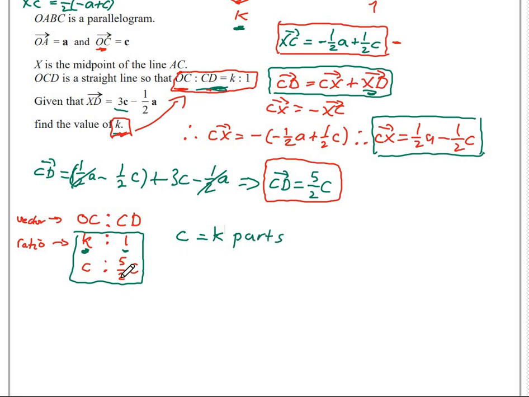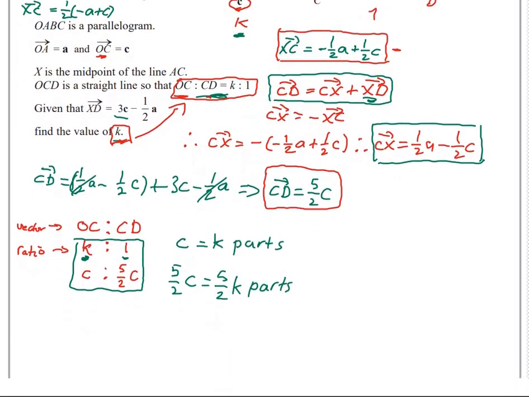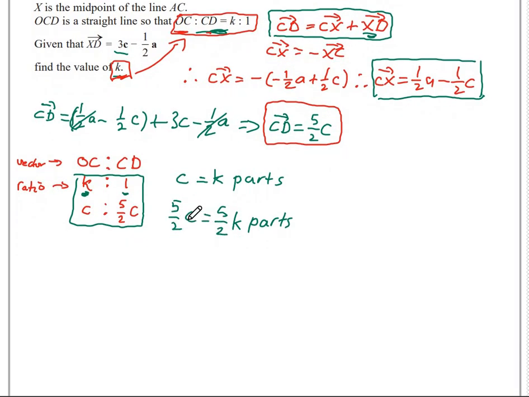Alright, and so 5 over 2 C, since C equals K parts, must equal 5 over 2 K parts. Remember, we need to know ratios in order to really do this question. So 5 over 2 C equals 5 over 2 K parts, and notice that 5 over 2 C equals 1 part.